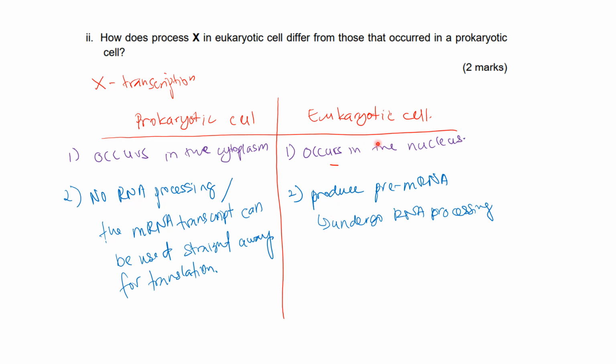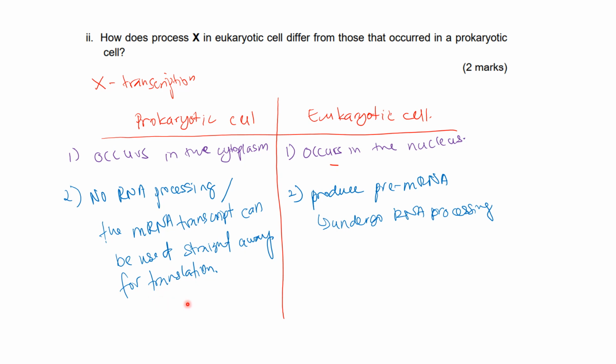After transcription, the process produces a pre-mRNA transcript that undergoes RNA processing to produce mature mRNA, which will be used in translation later to produce the protein molecule. But prokaryotic cells do not undergo RNA processing, so after transcription, the mRNA transcript produced can be used straight away for translation.